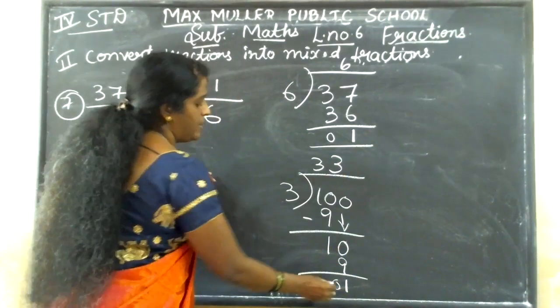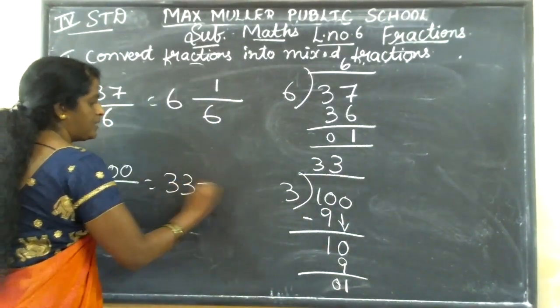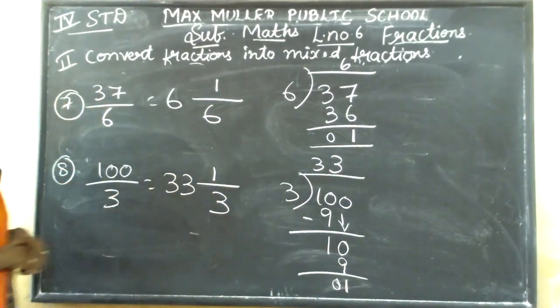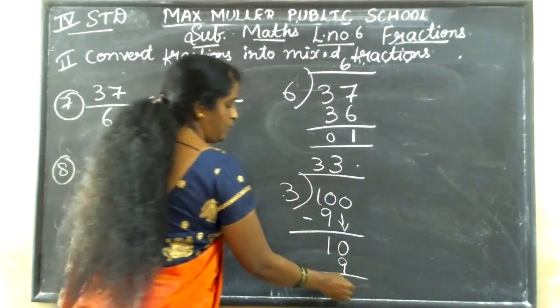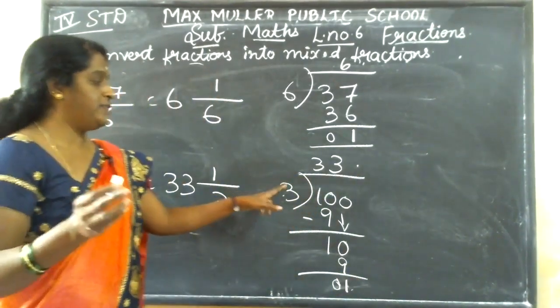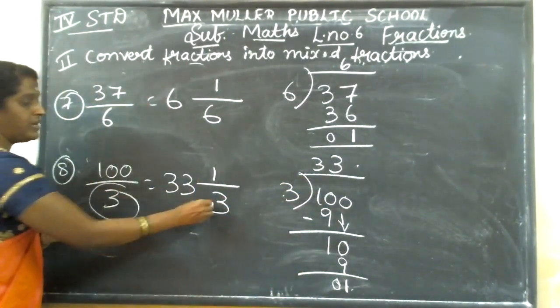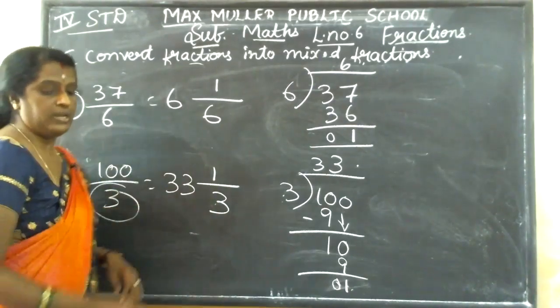Okay, children, so your answer is 33. The denominator will be the same, the new numerator is 1. So you should mention your whole number, denominator, and new numerator. You may get confused about which is the numerator and denominator. This is always the denominator. Okay, children? You can copy that. Copy down.